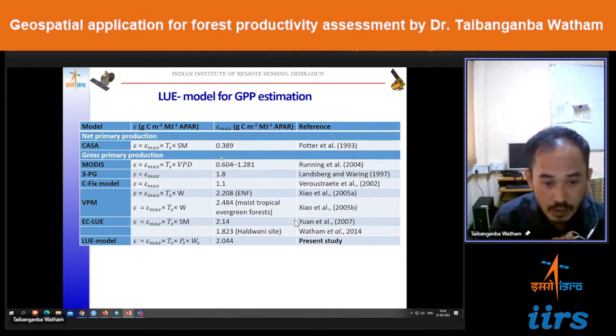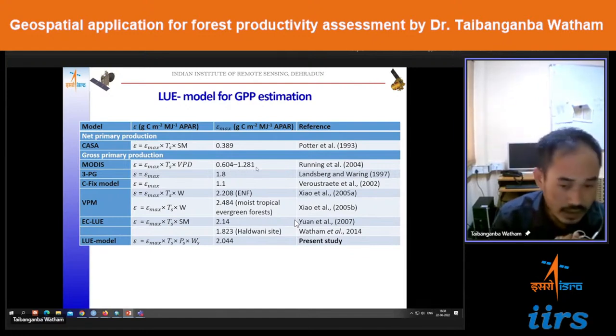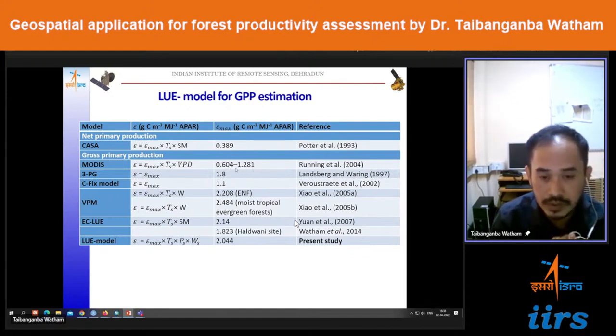In MODIS, if you see the Emax value, it has a value ranging from 0.64 to 1.281. Why? Because depending upon the PFT type, especially for the forest types, they have 5 forest types defined.